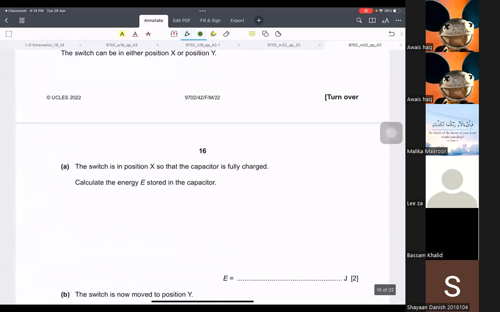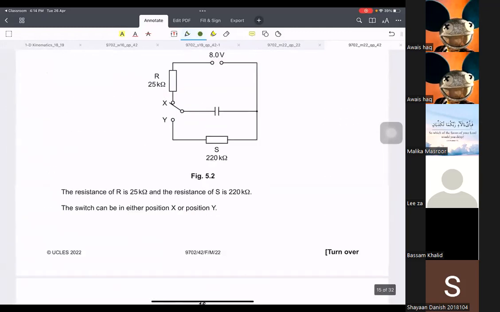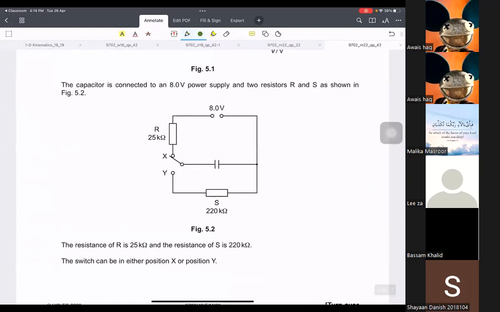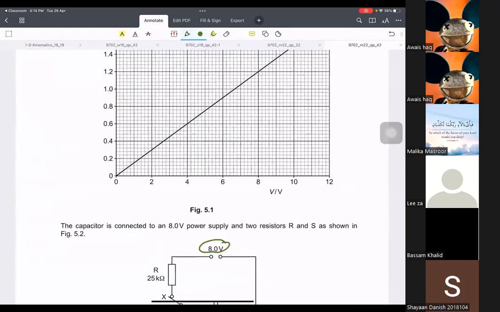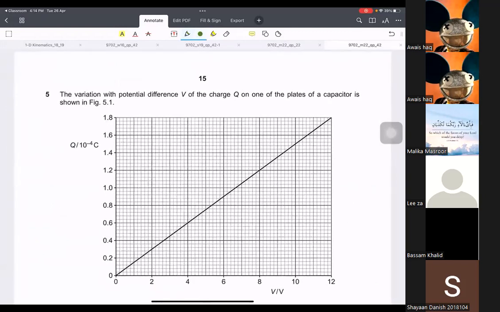Calculate the energy stored in the capacitor. Fine. So you have a power supply of 8. Now the problem in this question is that they have also given the variation. Energy stored E is equal to half QV. So half times 12.